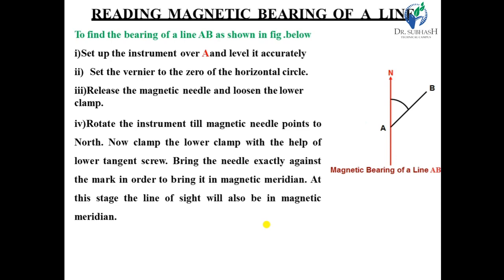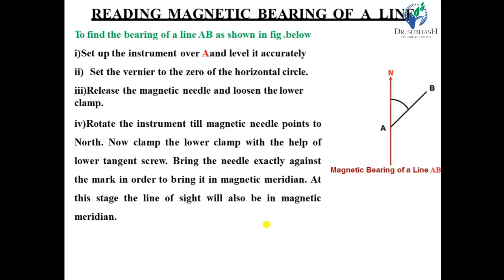After that, we are moving to reading the magnetic bearing of a line. How can we read the magnetic bearing of a line? To find the bearing of line AB as shown in the figure, we first set up the instrument over A and level it accurately. Set the vernier to 0 of the horizontal circle.